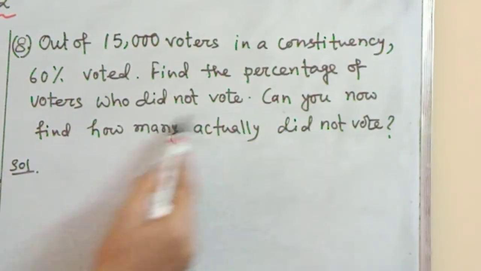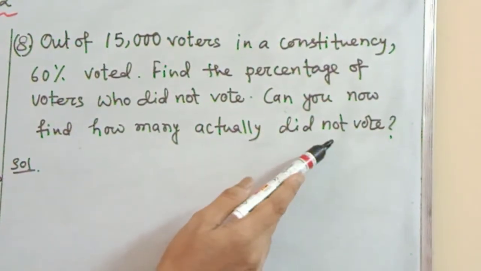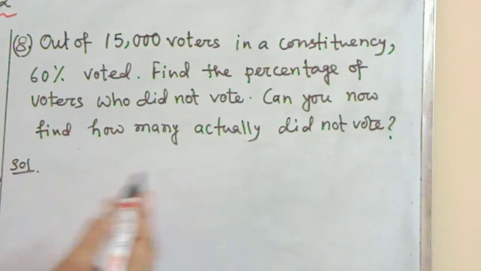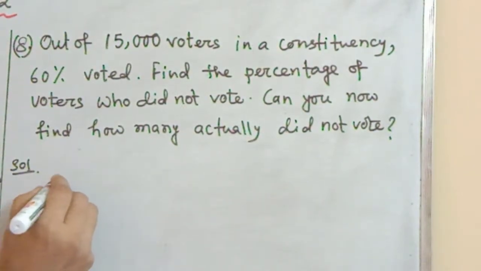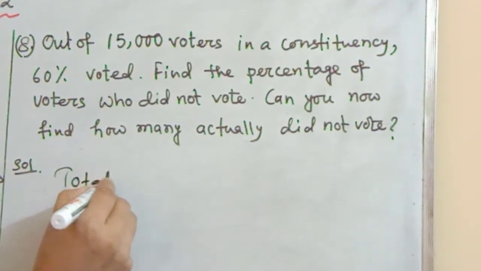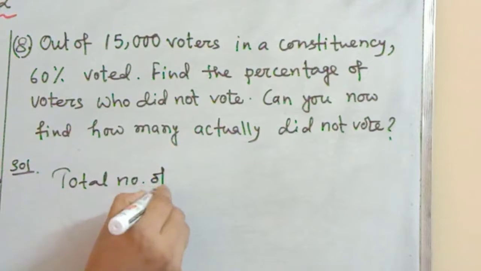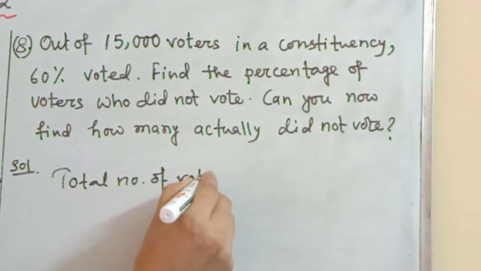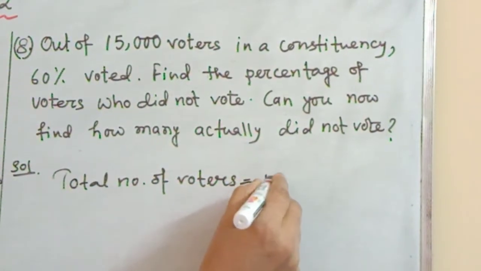Next part, can you find how many actually did not vote? Yes, we can find afterwards. First, total number of voters, $15,000.